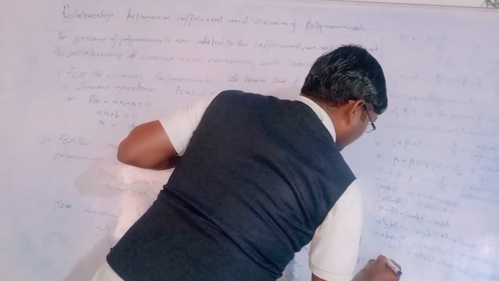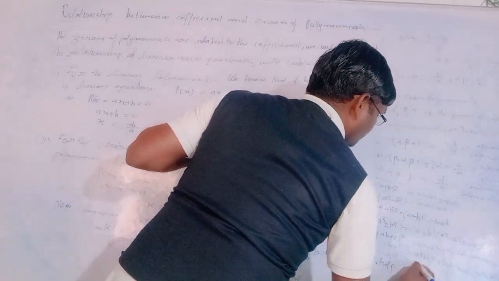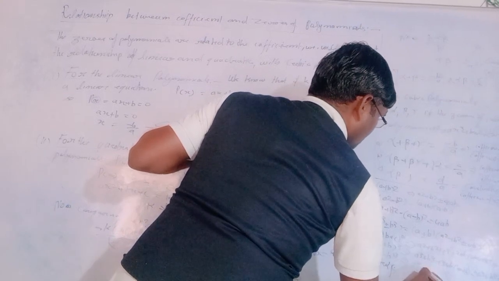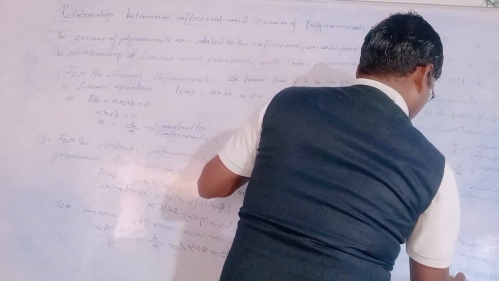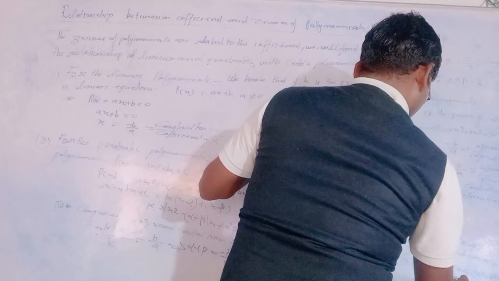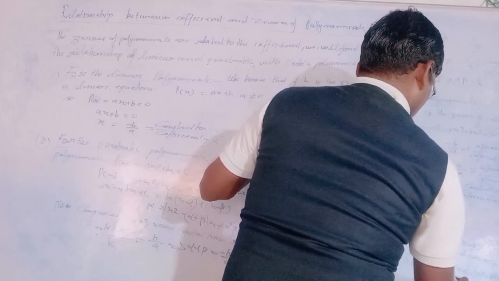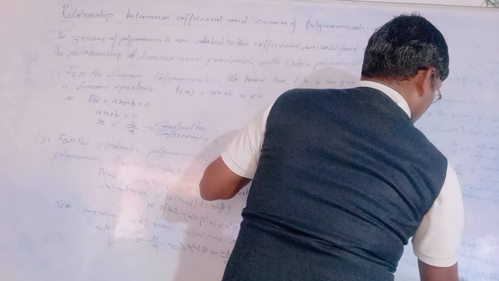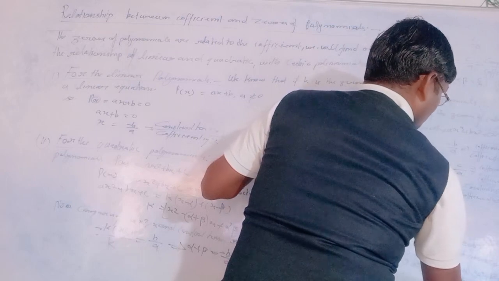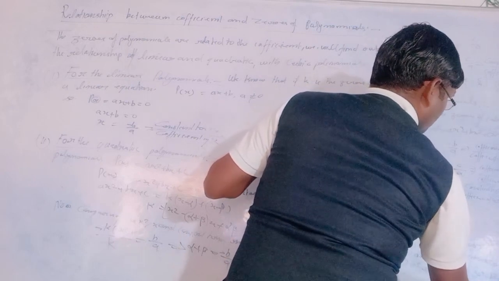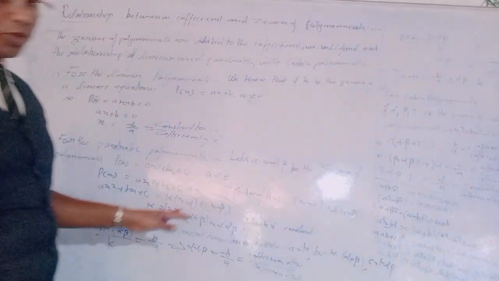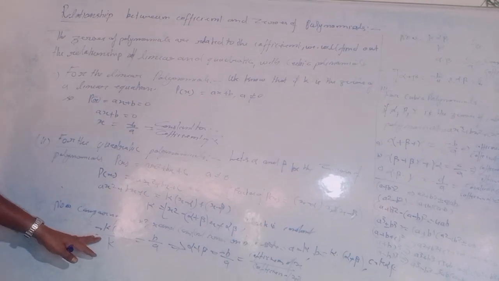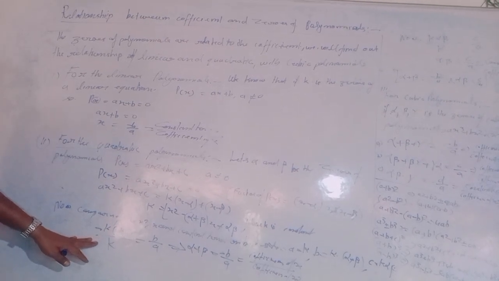So (a minus b) whole cube is always a cube minus b cube minus 3ab(a minus b), or a cube minus b cube minus 3a square b plus 3b square a. Got it? These are (a plus b) whole cube and (a minus b) whole cube.